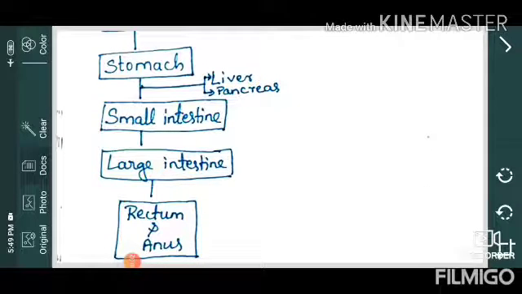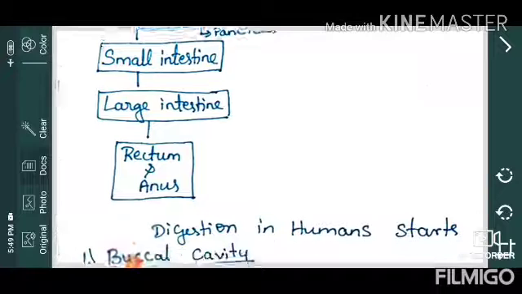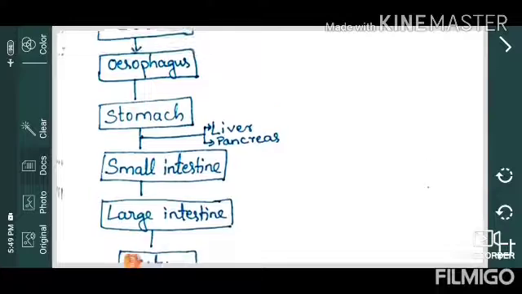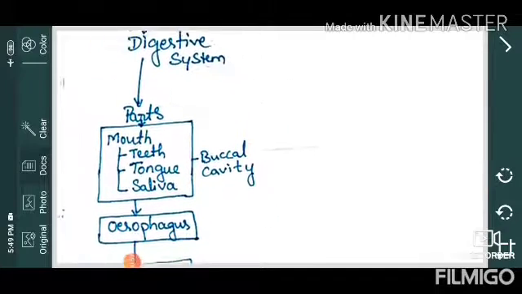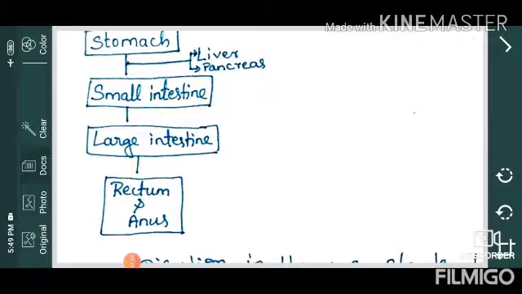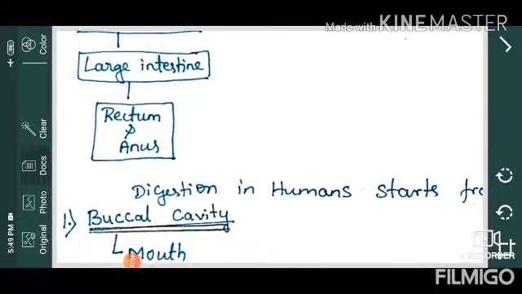In the small intestine, the food is absorbed and then undigested food is let into the large intestine. Then it comes to the rectum and through the anus it is thrown out of the body. So this is the flow chart, which shows you the step-by-step movement of the food for digestion.